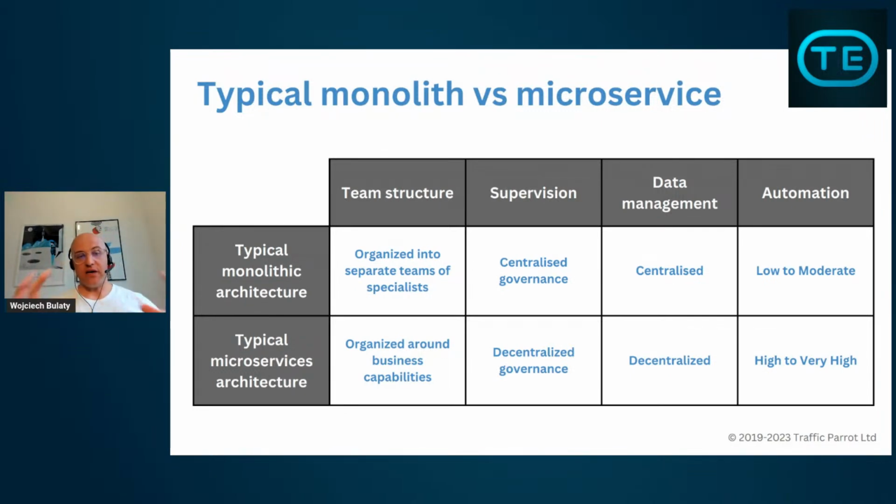And then when it comes to microservices, the supervision is decentralized. There's no central governance entity that will tell you how to do things typically. So you might have one team that's doing a 3-layered microservice architecture with Java, and another one that's running Golang with spaghetti code, for example, right?